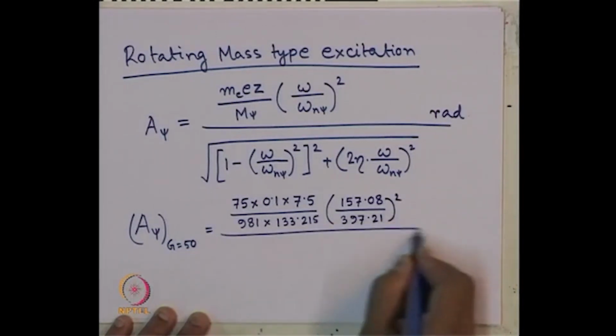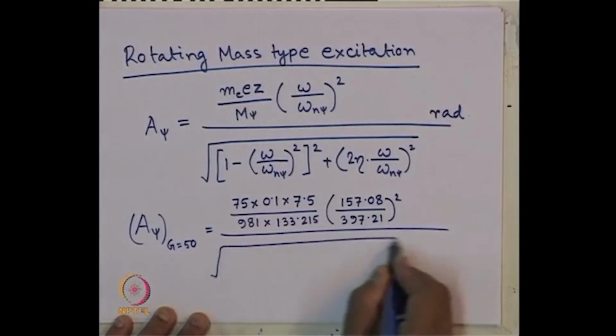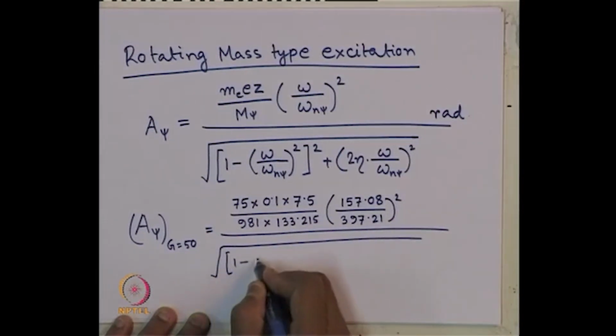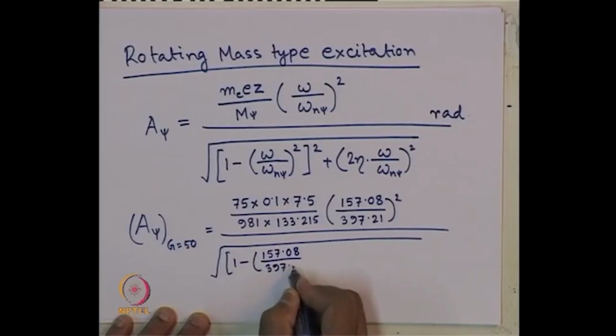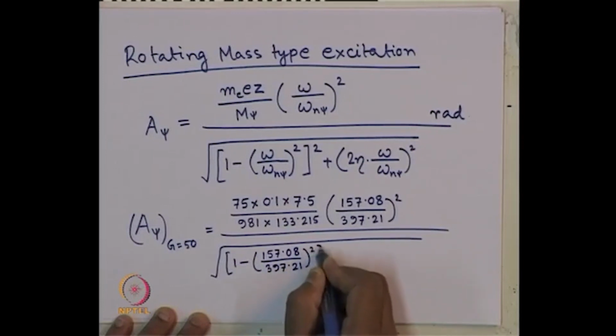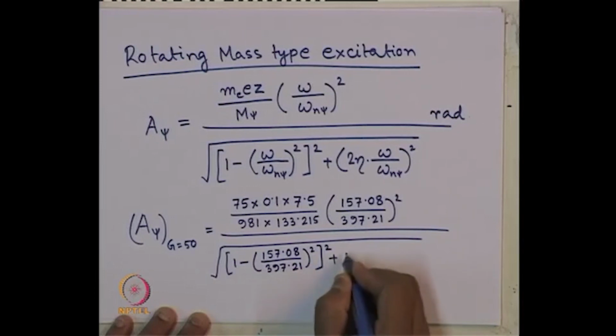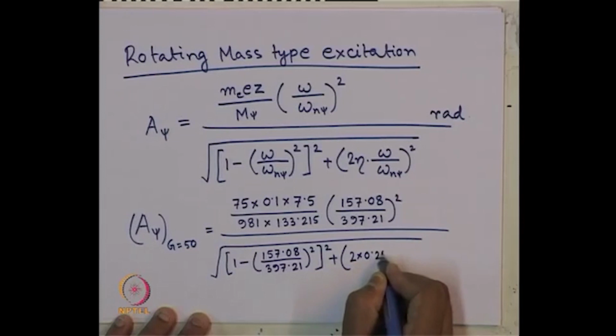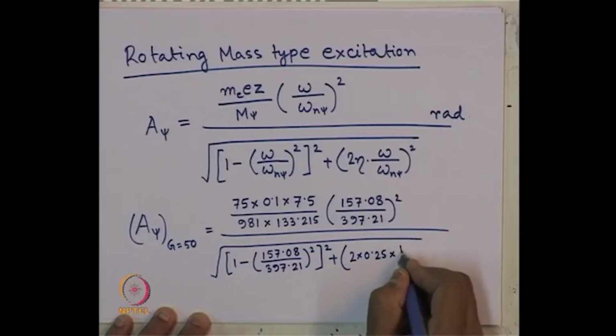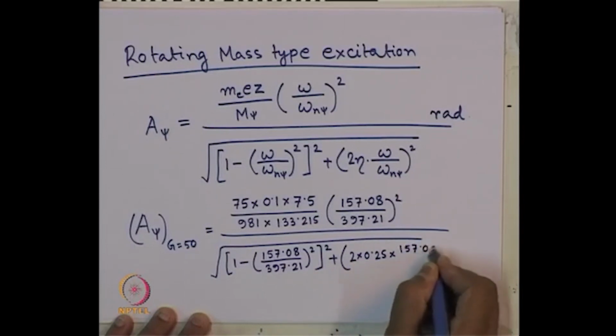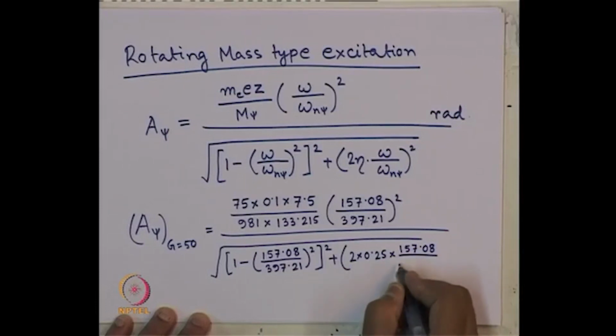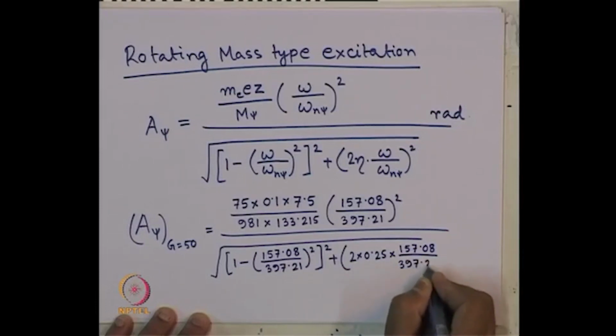That squared, now divided by root over 1 minus 157.08 by 397.21 whole square, whole that square, times 2 into 0.25 into omega, 157.08, by omega n psi, 397.21, whole square.